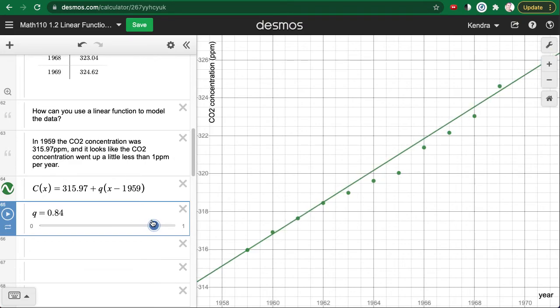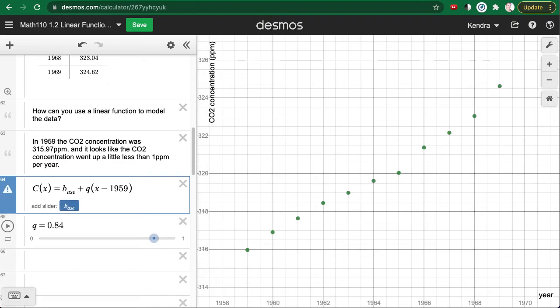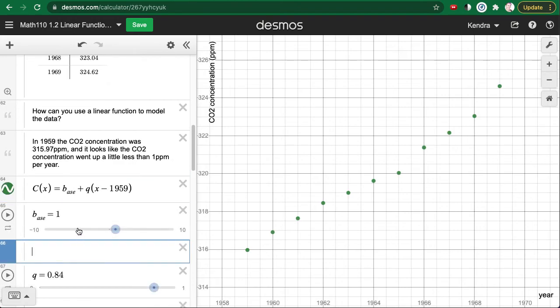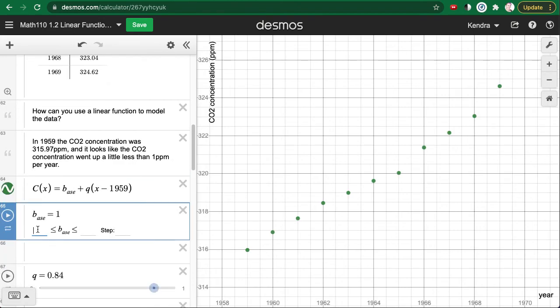I kind of want to drop this a little bit. So in fact, I want to call this a different number. That's 315. Let's call this base, and let's go from 310 to 320.